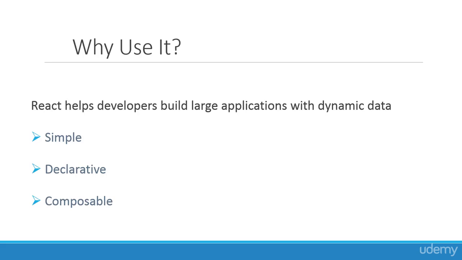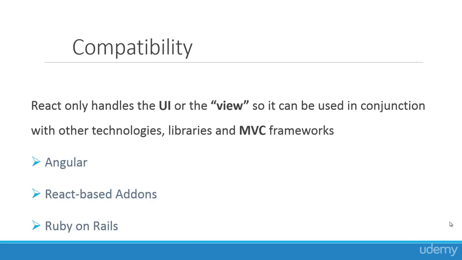Now it's composable because it's built on component-based JavaScript. So everything is encapsulated. You have a component for different areas of your app, and this makes your code reusable. It's easy to test, and it's easy to have multiple developers on one application. Compatibility.